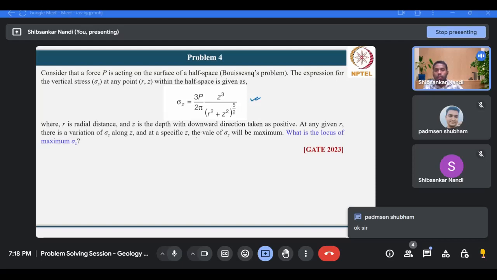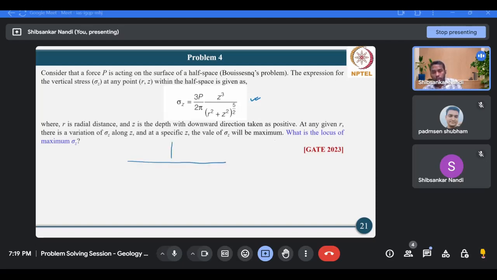Okay, so at a specific z, the value of sigma z will be maximum. What is the locus of that maximum? So first we have to visualize the problem. Suppose this is the concentrated load.